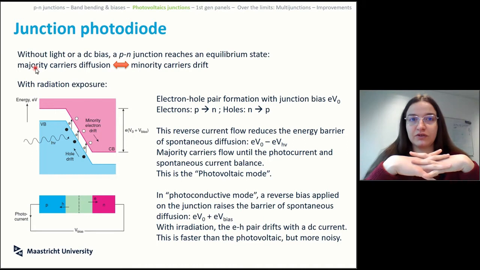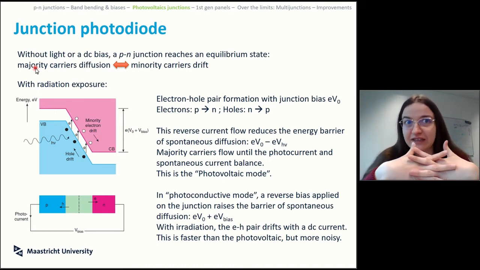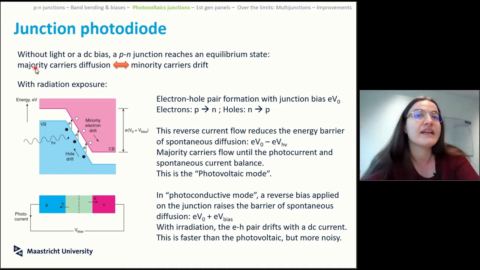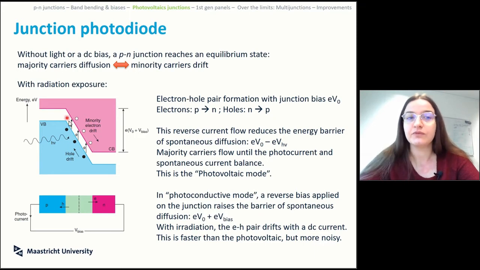So this is called the photovoltaic mode, and it's sensitive. It's a way that, if you want to detect light, is something that you will likely use. In the photoconductive mode, which is the one that you also see in the image, you apply an additional bias, and you make the step of the band bending increase.